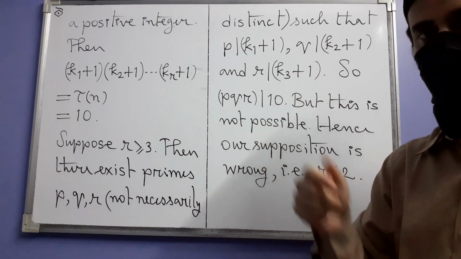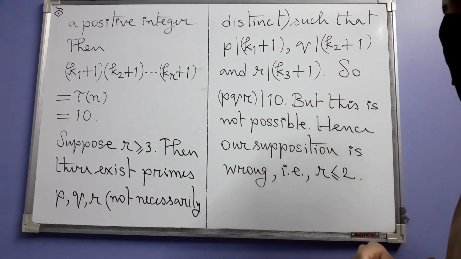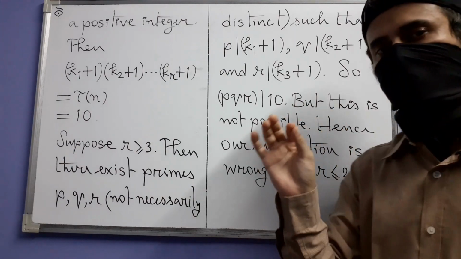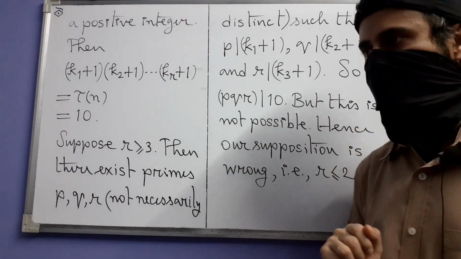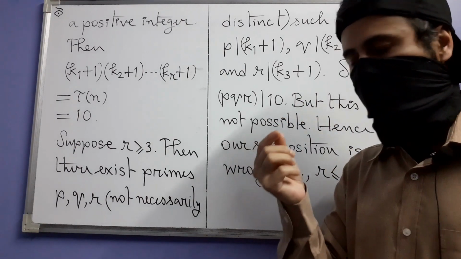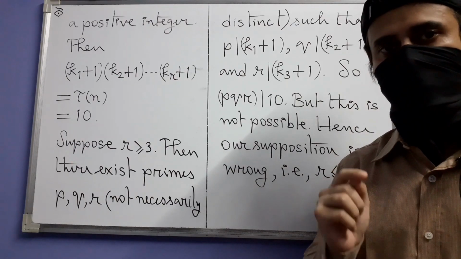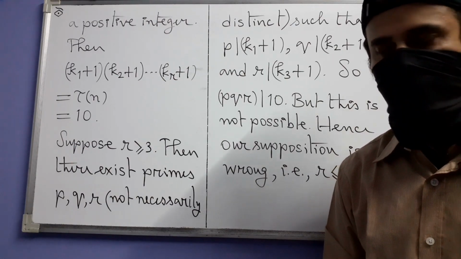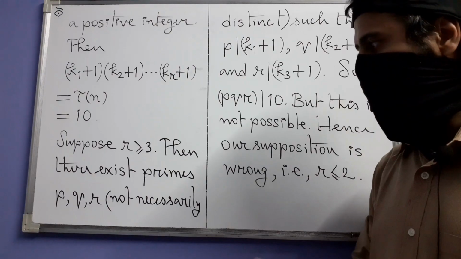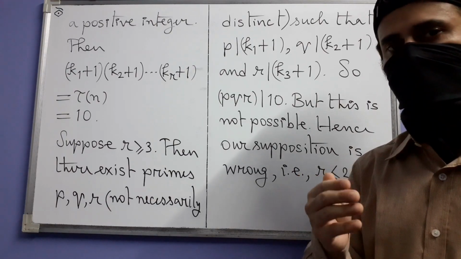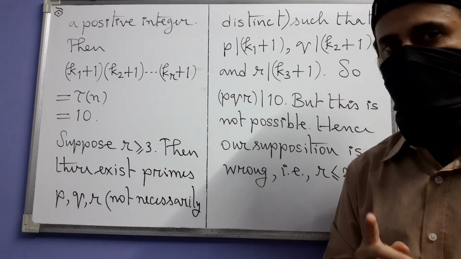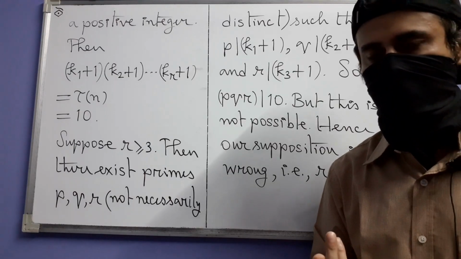There may be k4, k5, may not be, we don't know, but at least k1, k2 and k3 are there. And what are these k1, k2 and k3? They are positive integers. So they can be at least 1. They cannot be 0 because they are positive integers.